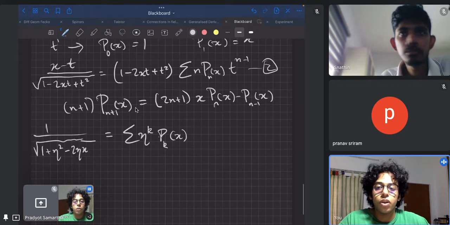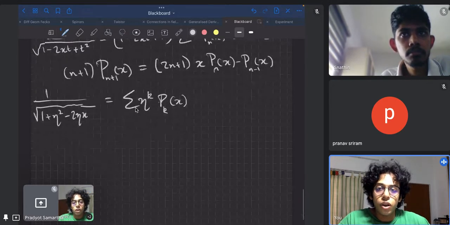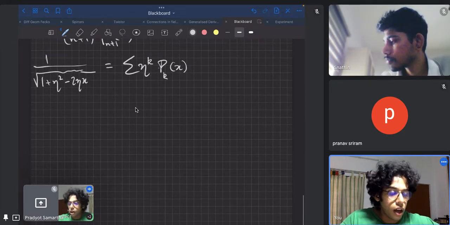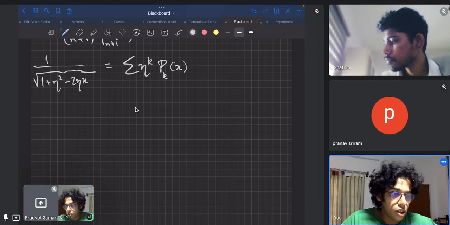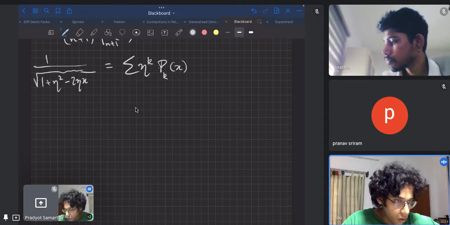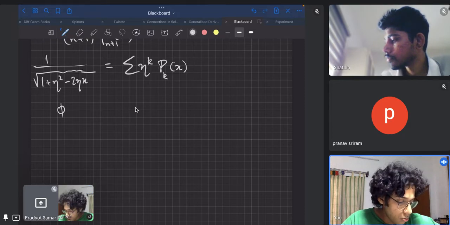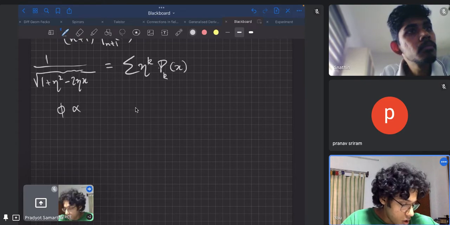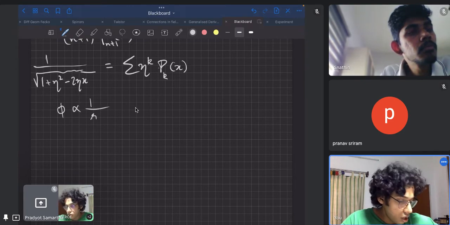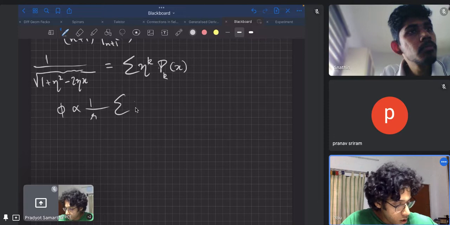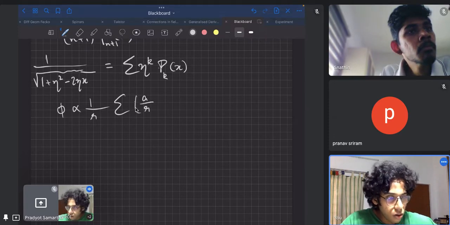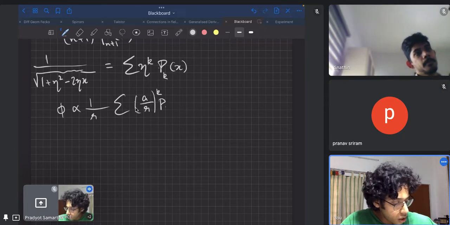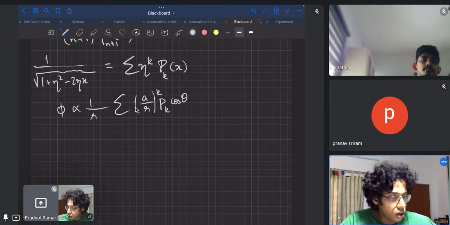When you write this down, you find that you have the multipole expansion, and essentially your potential is proportional to 1 by r times the summation of (a by r) to the power of k times Pk of cos theta.